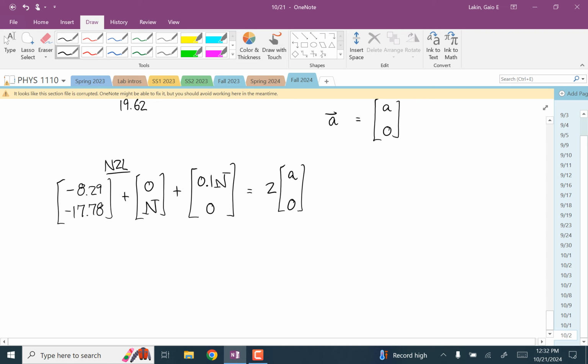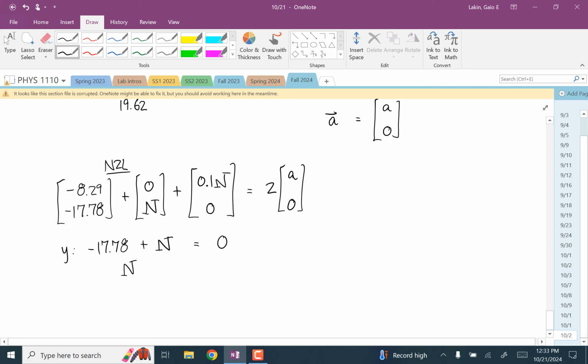We are still just trying to find this a. So you might think we could only use the x equation. But with these friction problems, you have to first use the y equation to calculate N and then plug that into the x equation. So the y equation says negative 17.78 plus N is equal to 0.